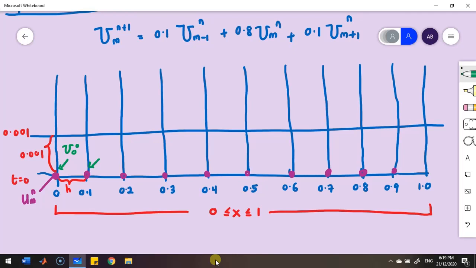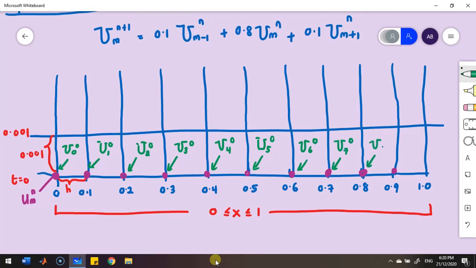So I will have u_1,0, then u_2,0, u_3,0, u_4,0, u_5,0, and so on. You know how to write it now. These are the values that you want to obtain.